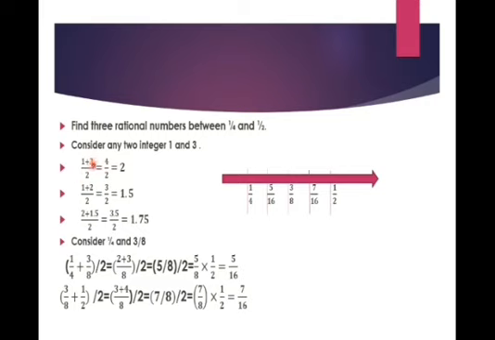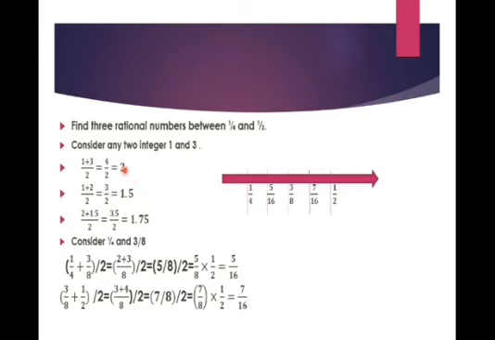If we add these two numbers and divide by 2, then we get the middle number of these two numbers. In that same way, if we consider 1 and 2, 1 is the first number and 2 is the middle number. 1 plus 2 by 2, 1 plus 2 is 3. 3 by 2 means half of 3, which is 1.5.